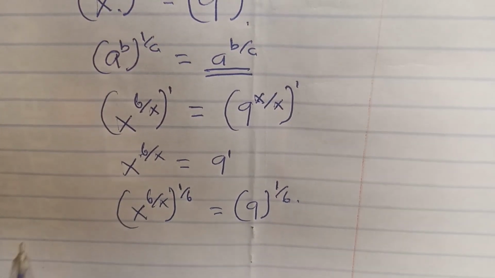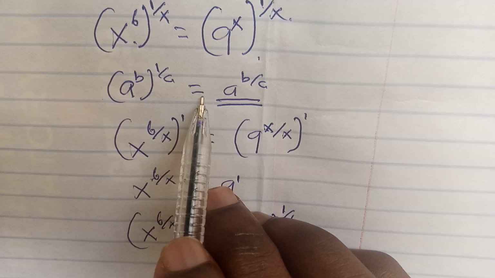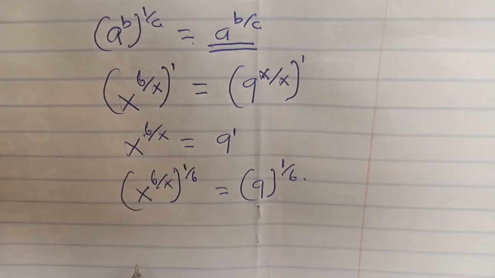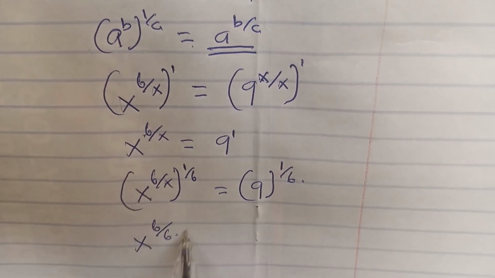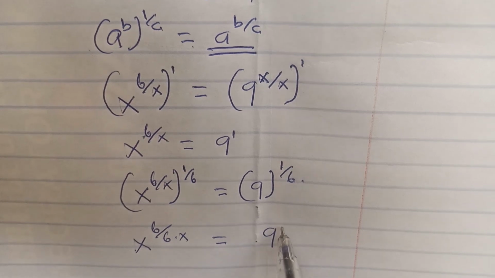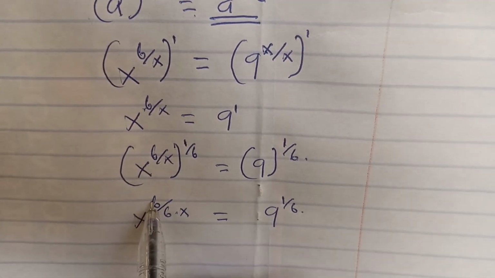Having done this, applying this principle again, I will have x to the power of 6 over 6 times x equals 9 to the power of 1 over 6. So this and this will go. What are we now left with?